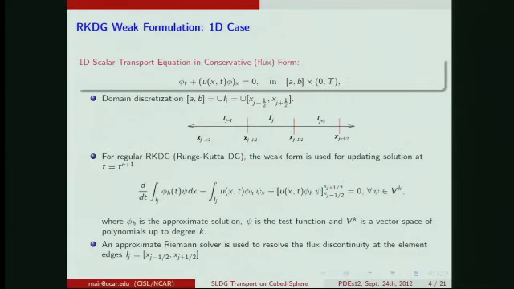Let me go through what the DG method is all about. Consider the scalar transport equation in one-dimensional form like this one. This is a conservation law. First, you partition a one-dimensional domain into elements, which are not continuous at these points. For the regular RKDG method, discretization starts with multiplying this continuous equation with a test function and integrating over an element.